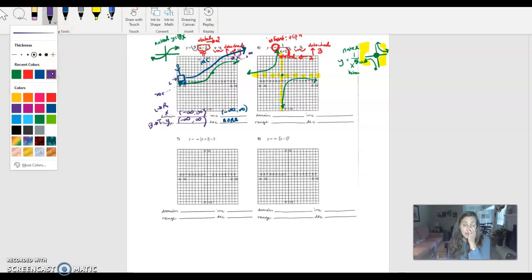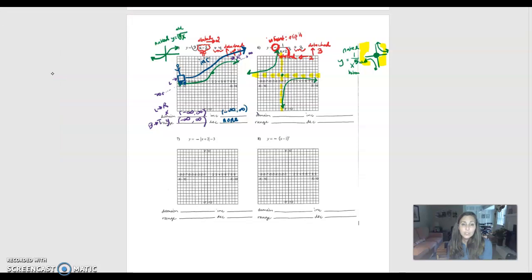All right, domain and range is also pretty challenging. You have 2 sections of this particular graph. And remember, domain are your x's. So if you look at this thing horizontally, it's going to come all the way to -2 and then stop. So the first part of my domain is going to be from -infinity to -2, and then it's going to stop.